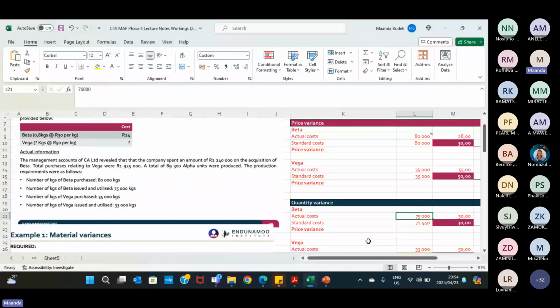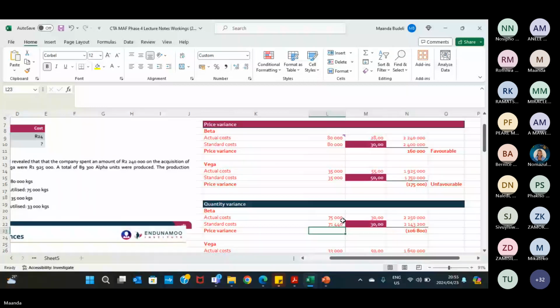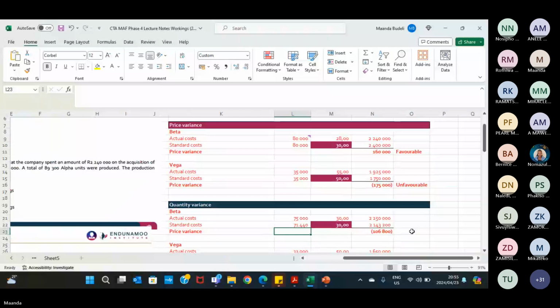And what we normally use here is this, which is 71,440, what I will normally use. Because if I'm using the same 89,300, which is the output units, and I'm using my standard kgs that I will normally use, I will normally use the 71,440 as compared to what you used. So is this favorable or unfavorable? Guys, let's go. Favorable or unfavorable? It is unfavorable.